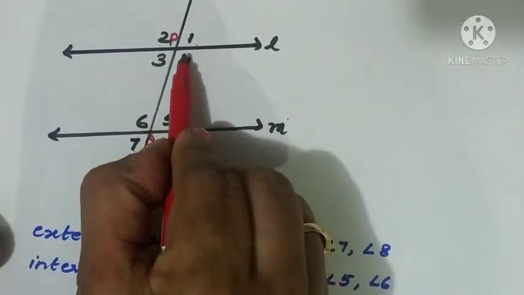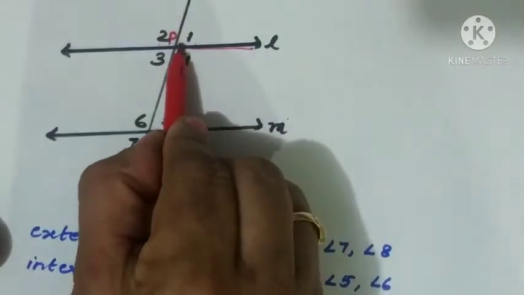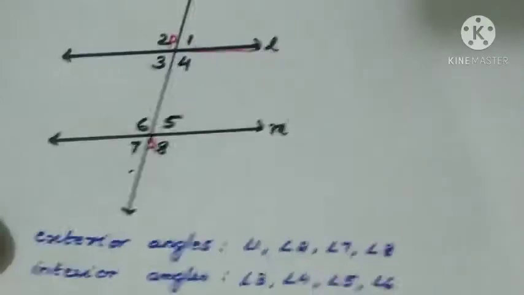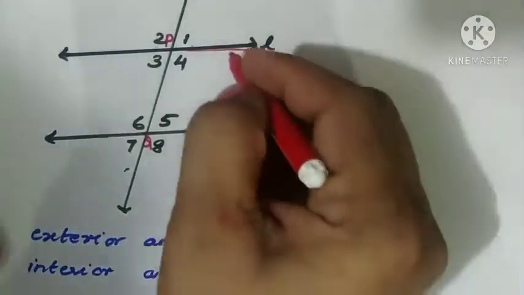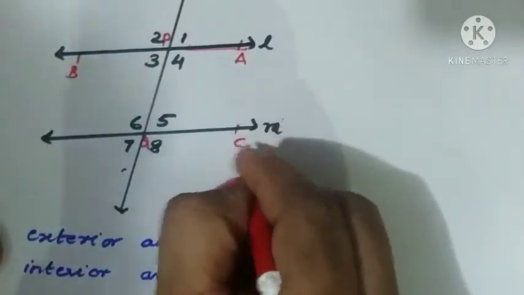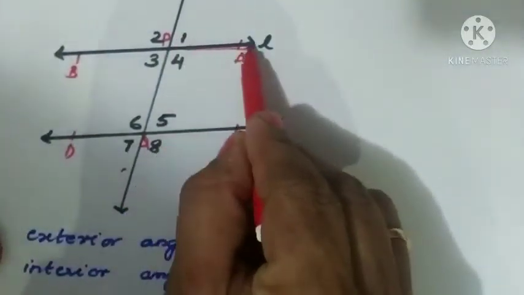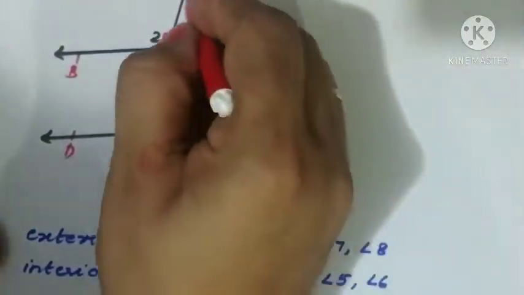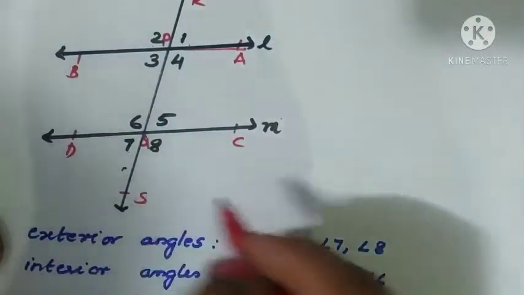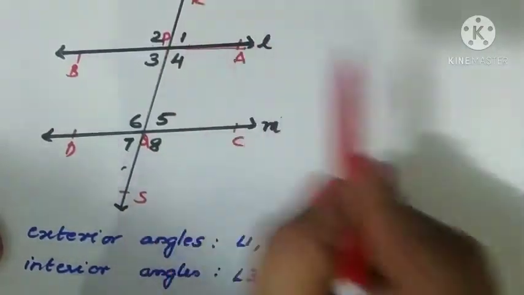Angle 1 is formed by PL and PN, right? I'll mark here P, A, B, then C and D. PA and PR only make angle 1.